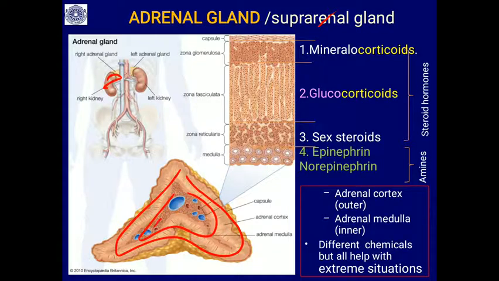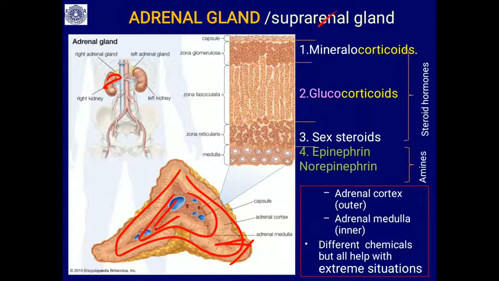Histologically, the medulla has chromaffin cells, and the cortex has epithelial cells. Functionally, the adrenal cortex secretes steroid hormones, whereas the adrenal medulla secretes amine hormones. Embryologically, the medulla is part of the sympathetic nervous system. The gonad and adrenal cortex derive from the mesoderm.